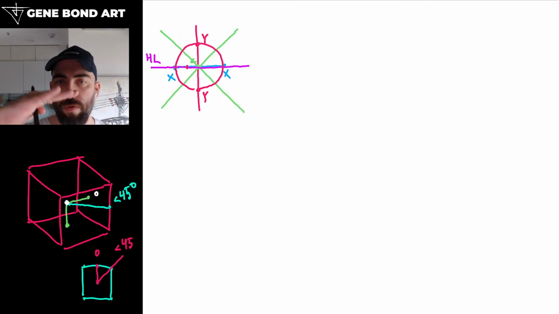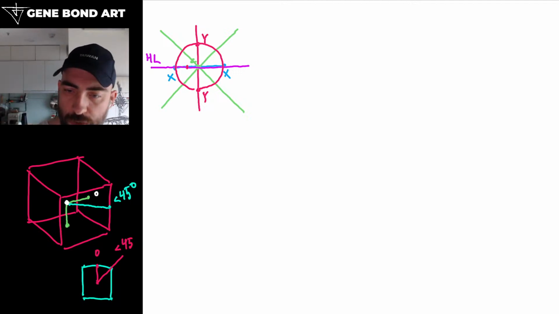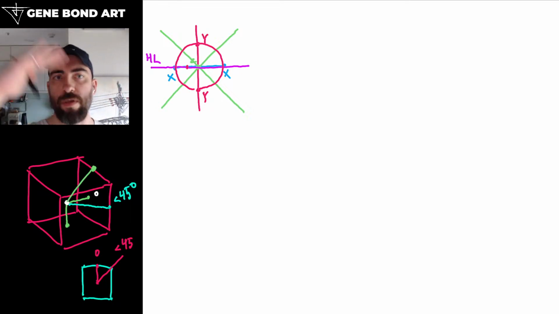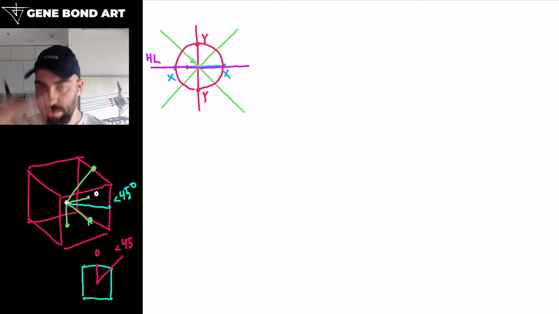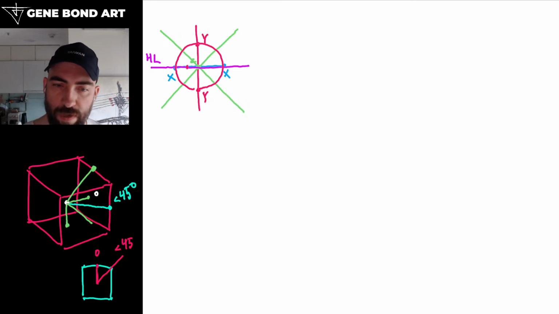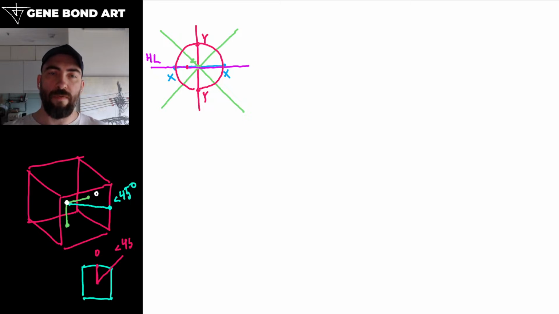Same if you look up or down: up to this corner, it will be vertical 45, and if you look down, it will be vertical down 45. This is important to understand, because this cube is, I'd say, part of our visual system.